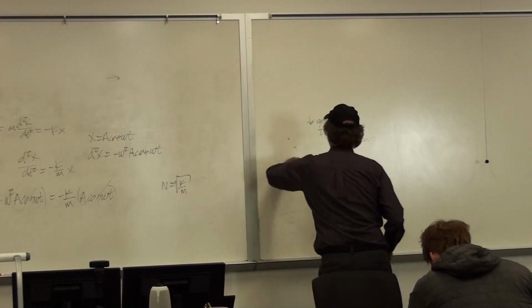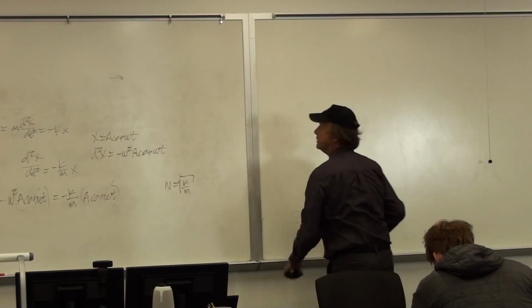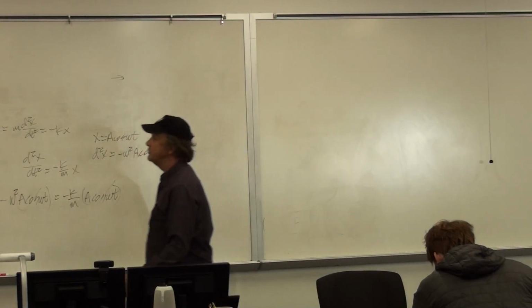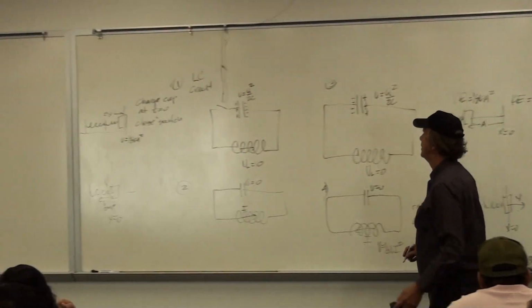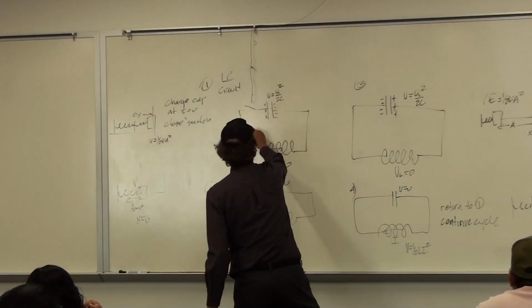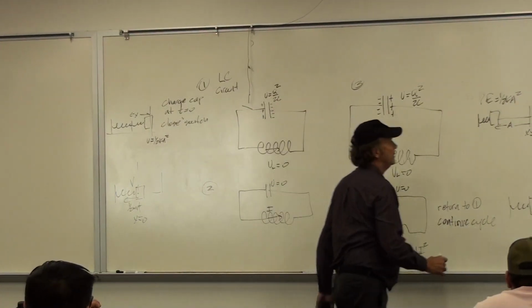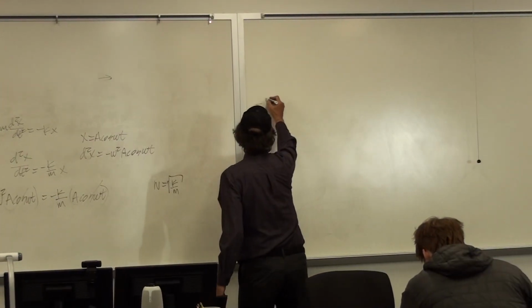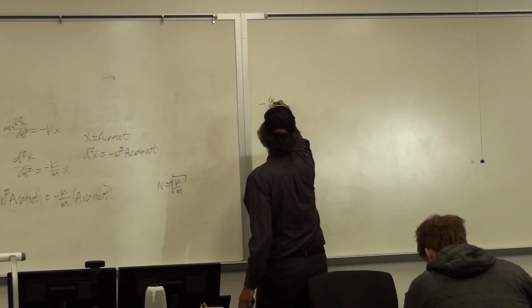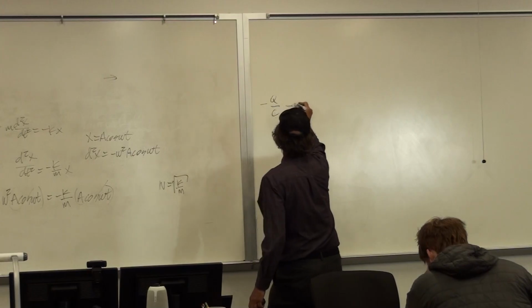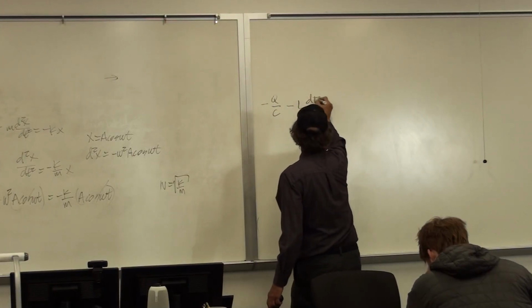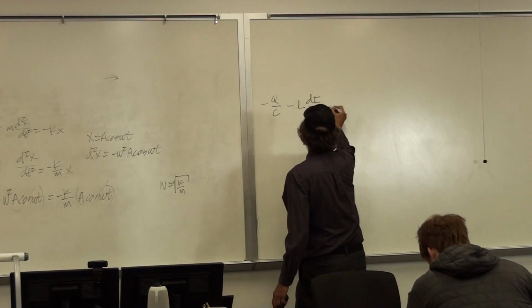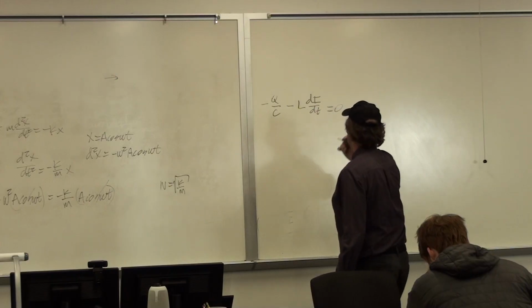So our equation then, if we go around this loop, is going to be, well, the voltage drop across here is E minus, what do we have here? Q over C minus L di dt would equal 0.